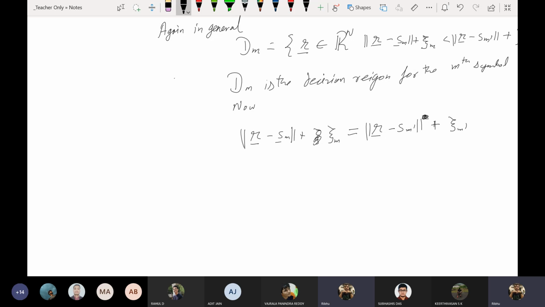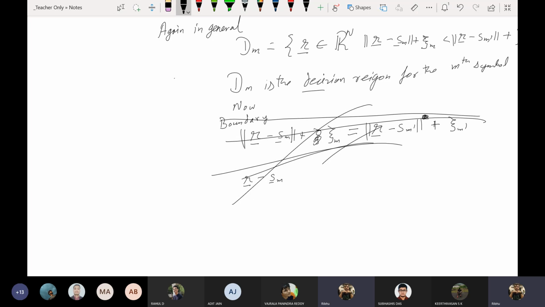Sir, just now you stated that it should be less than the right side, and now you have equated both of them. I said that this is the boundary.